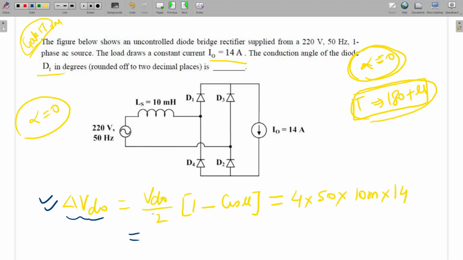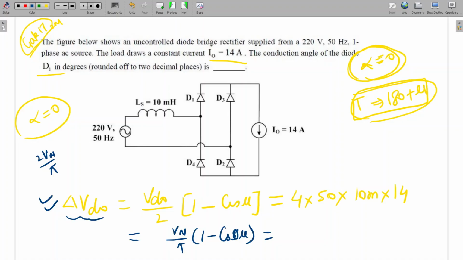So what is this VD0 by 2 formula here? It is 2 Vm upon pi normally. So Vm upon pi into 1 minus cos mu is equal to how much? 4 into 50 into 10 milli into 14.